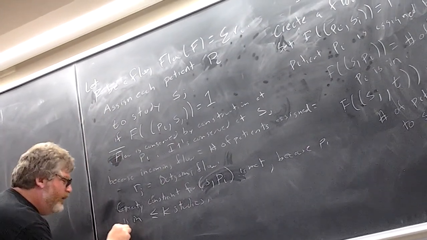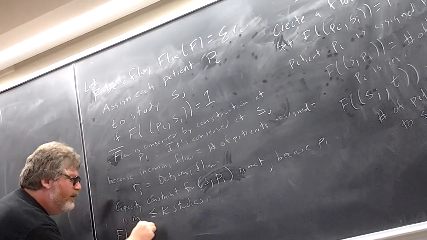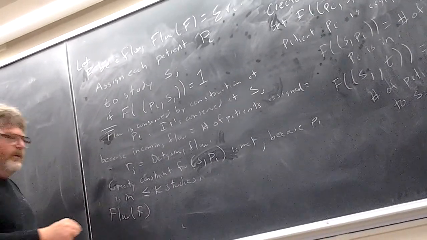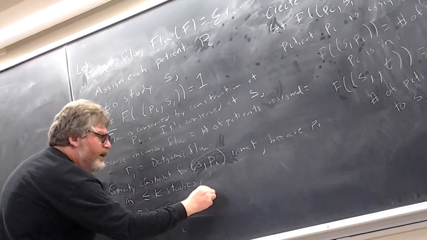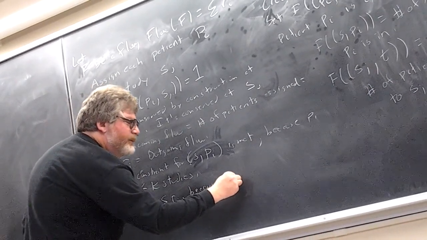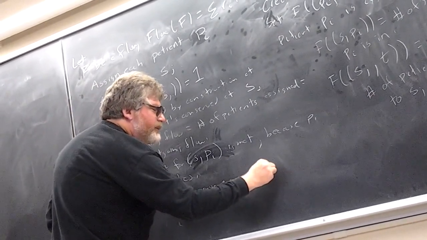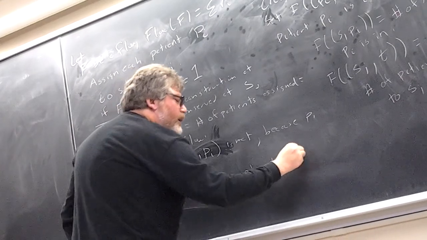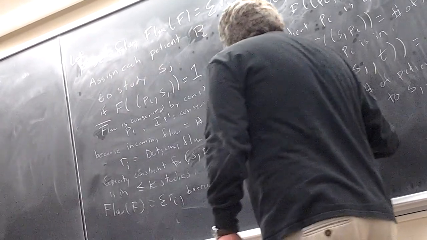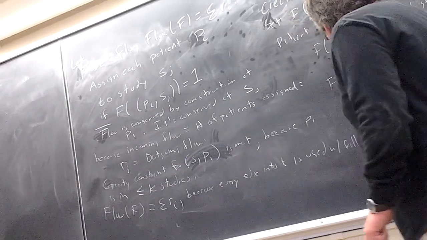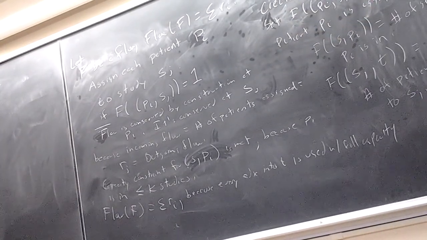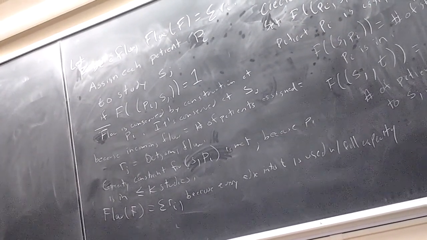And finally, we need the flow of this constructed one to equal the sum of the RIs, because every edge into a T is used with full capacity. And that's right here from our definition.